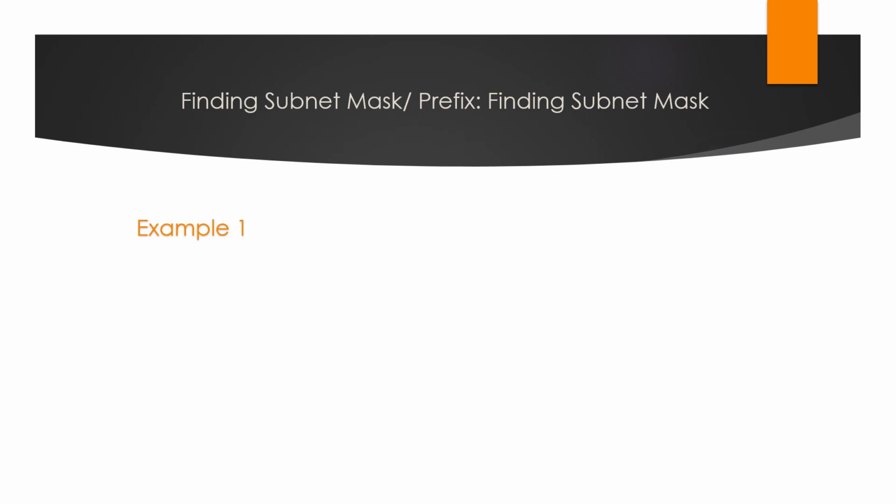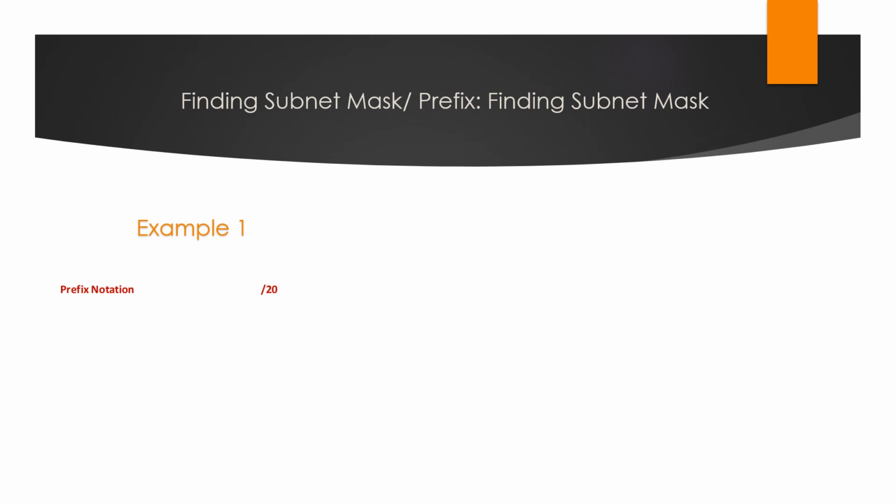In the first example, we have the prefix notation as /20, which means that the subnet mask will have 20 bits as 1, going from left to right. So we will start from the first octet and write down the ones as much as is shown in the prefix length.